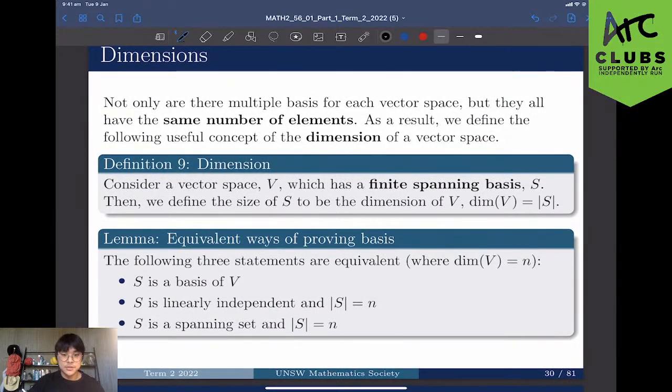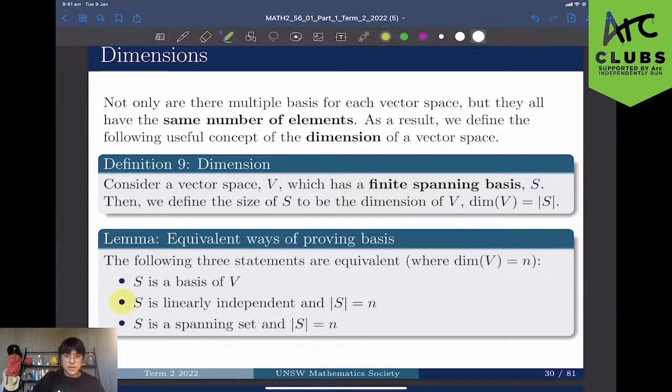And then these three statements are going to be equivalent: S is a basis of V, S is linearly independent, and the size of S is equal to n, the dimension of V. What I mean when I say these statements are equivalent is that if this statement is true, then we know that these two are true.